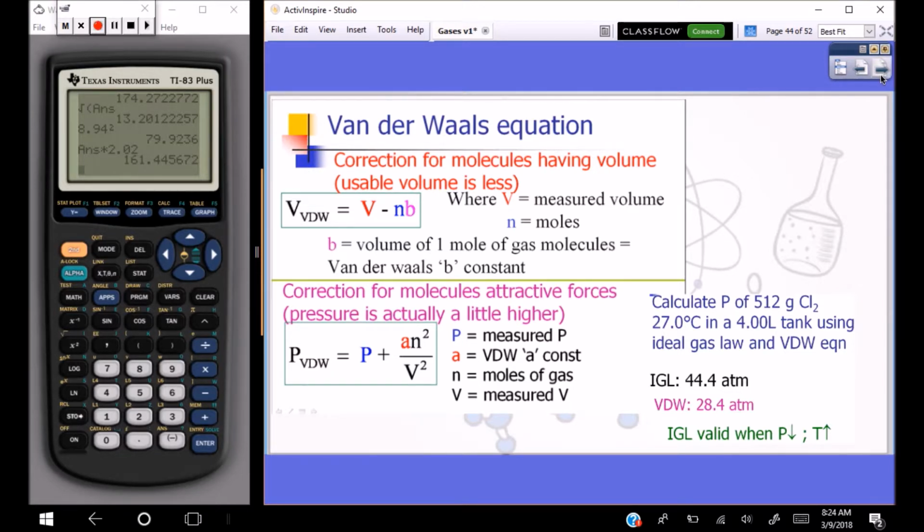Pressure is actually going to be a little bit higher than normal because under certain conditions, molecules have attractive forces between them when they bump into each other. Not all molecules have attractive forces between each other, but in certain conditions they can, and if they bump into each other the right way, right?